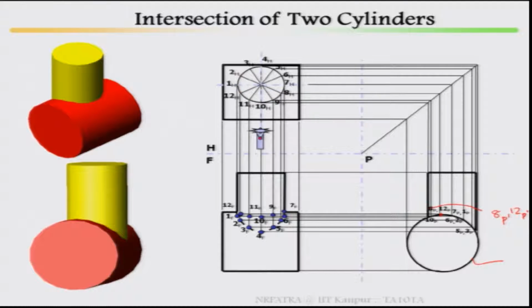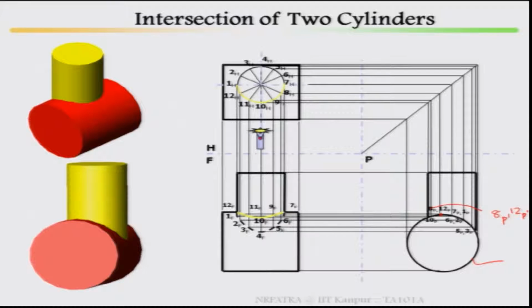Now, look here at how it looks, look at the animation. This surface is representing this surface. Look at how this animation looks. Because this is at the back in the front view, it will look like a dotted line.